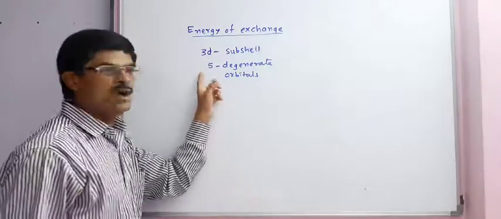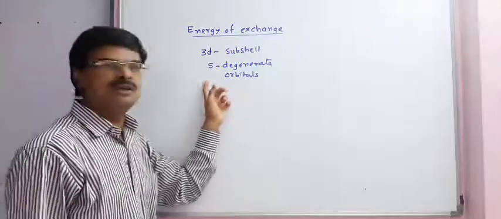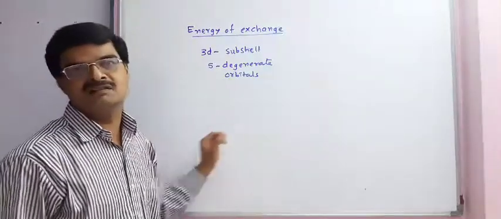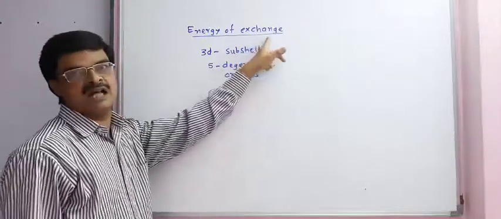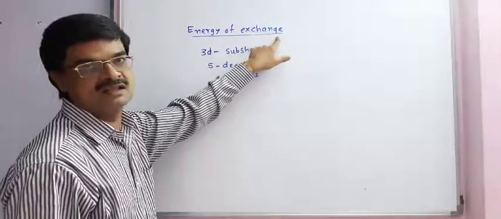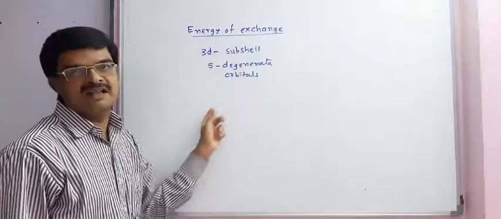Means for d orbitals, if 5 electrons are present with the same spin, or 10 electrons with parallel spin, then exchanges are more, more exchange energy is generated, and because of that more energy of exchange, the electronic configuration is more stable.